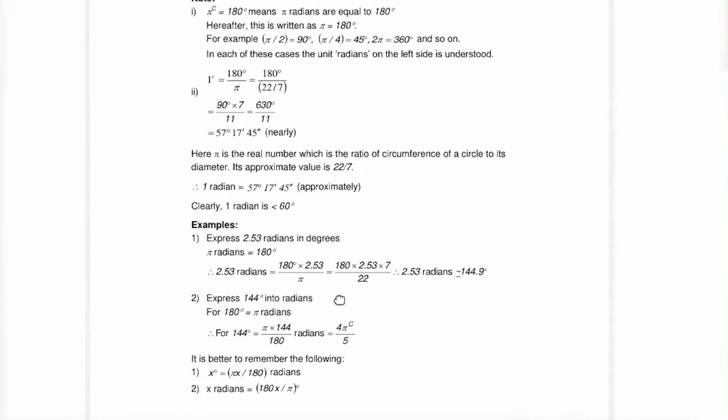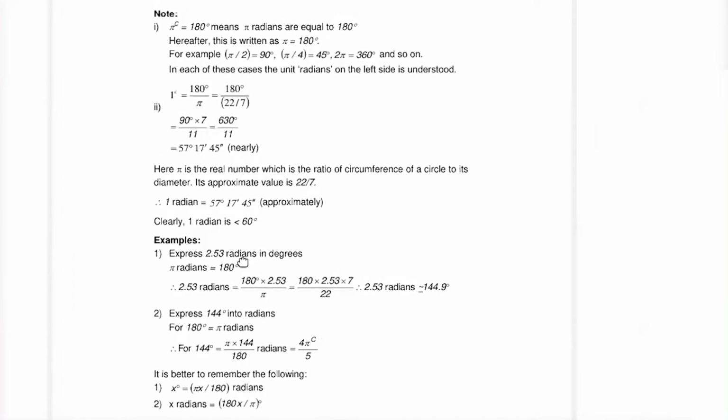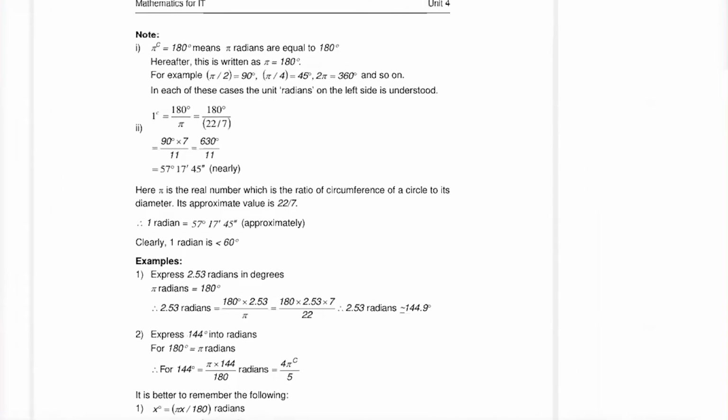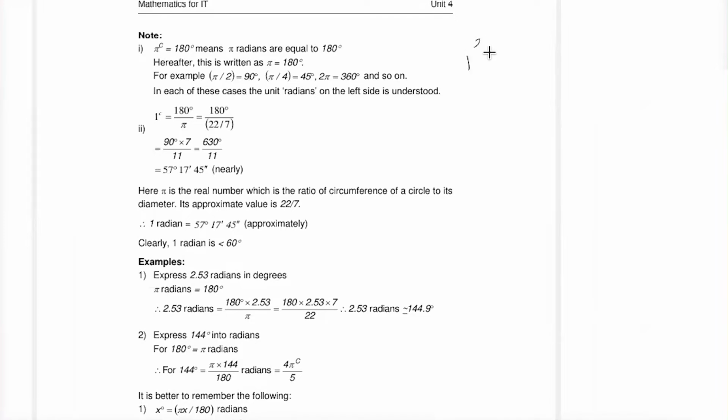One question may also be asked: which is greater, 1 degree or 1 radian? This is a simple question, but many of us can get confused. We can check it by converting. We know 1 degree is 1 degree. Then 1 radian is 180 degrees by pi.